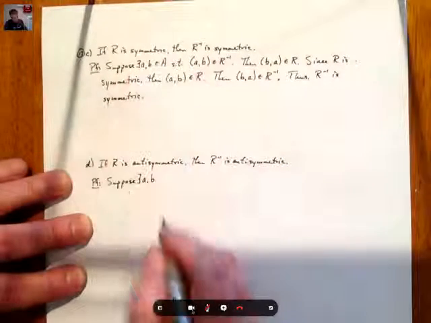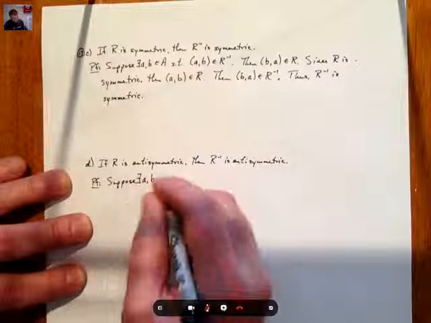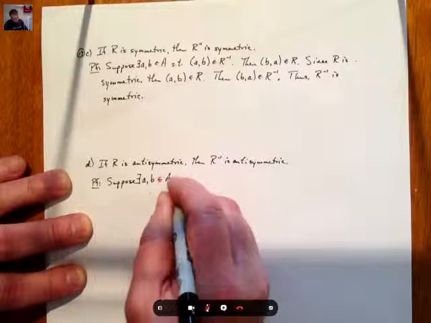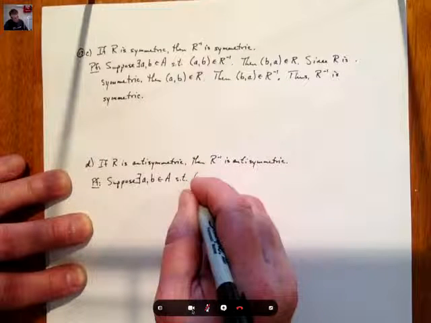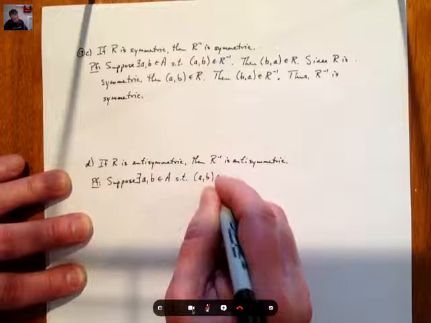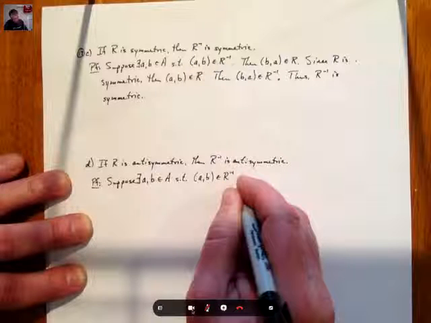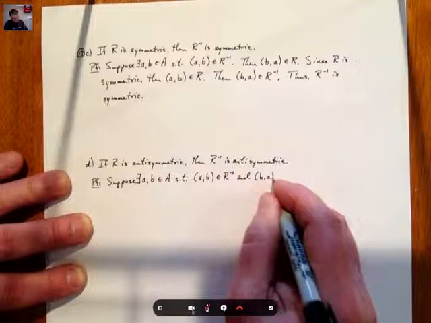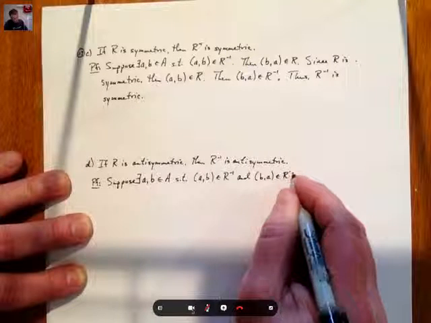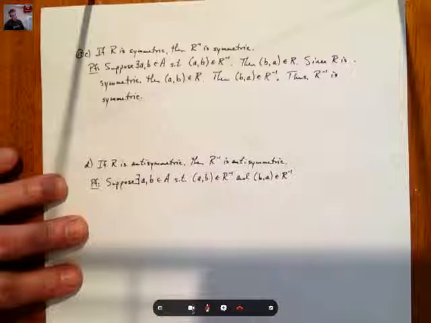Suppose there exist a and b in A such that (a, b) is in R inverse and (b, a) is in R inverse.